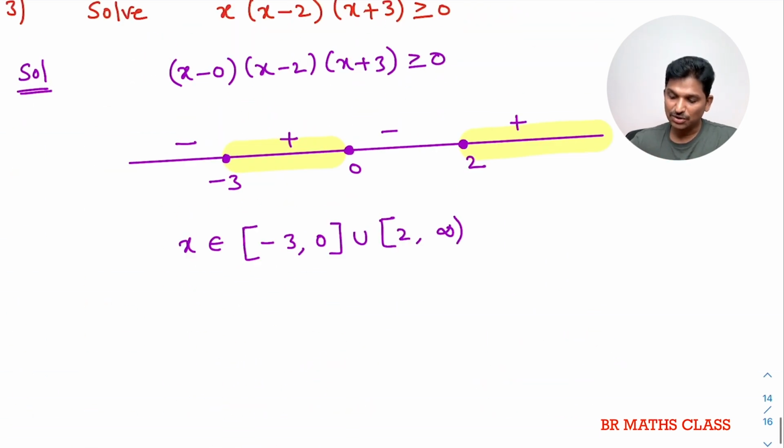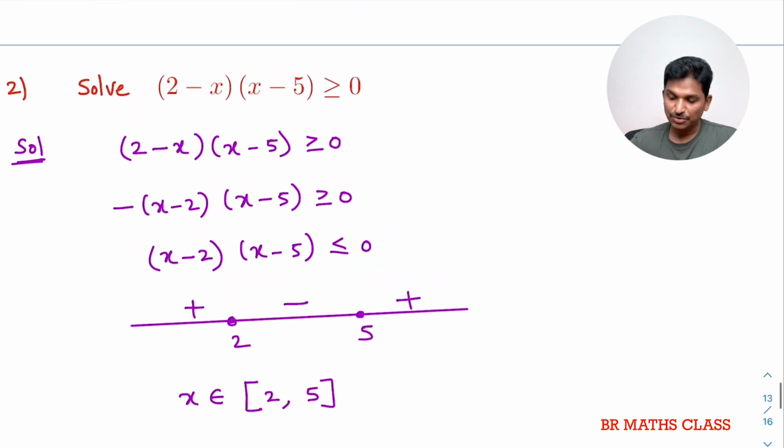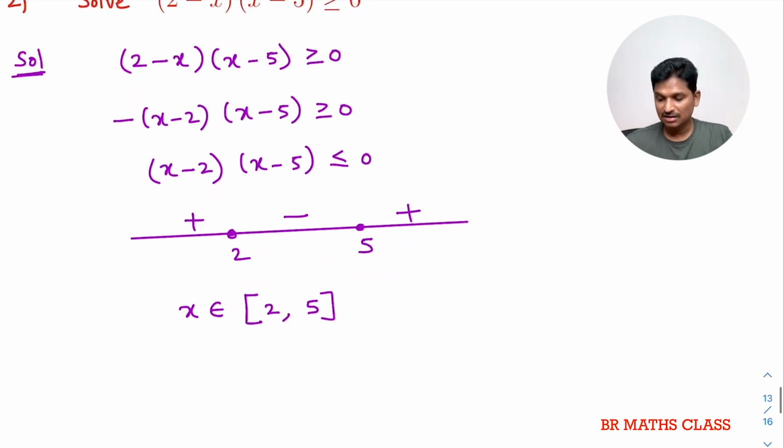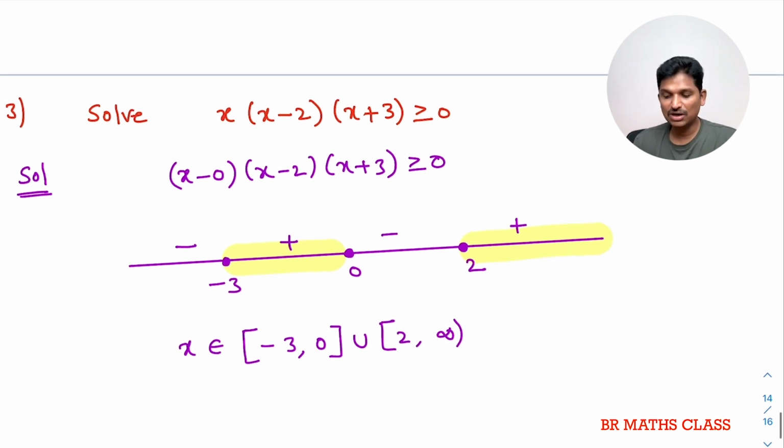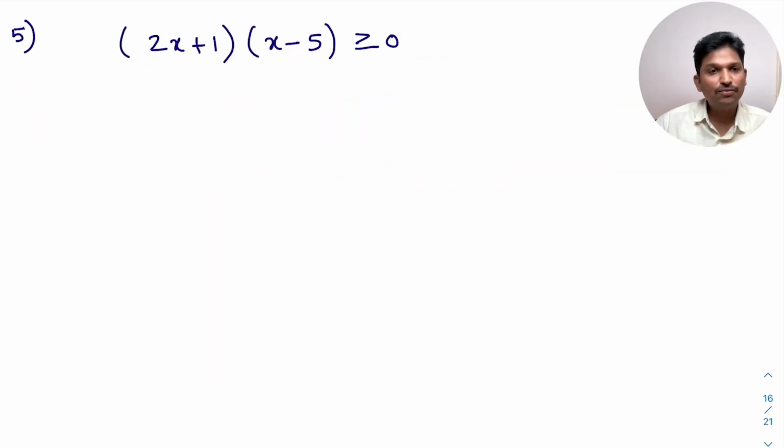In the second type, what we will learn here: suppose the same thing is there, but x minus x whole square is there, or in this form, x minus 2 whole square is there, or x plus 2 whole cube is there. In that case, how will you solve these inequalities? You can take a look at these 5 problems quickly. This is one problem. You see here 2x plus 1 is there.